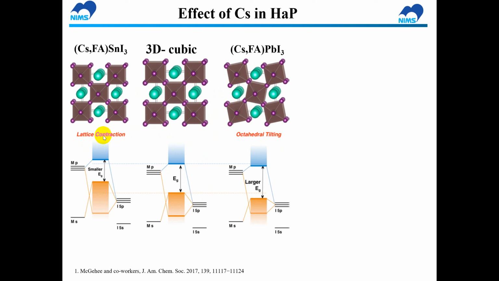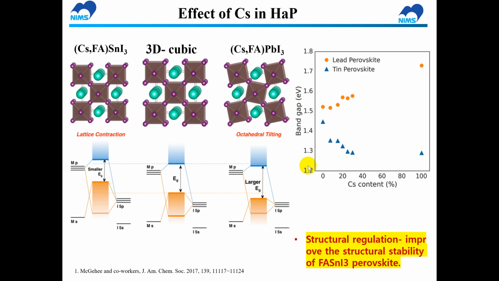In case of tin, it induces lower band gap, but in case of lead based perovskite, it induces wider band gap. And it is reported by McGehee group, and they found that there is an increasing and decreasing trend of band gap energy.